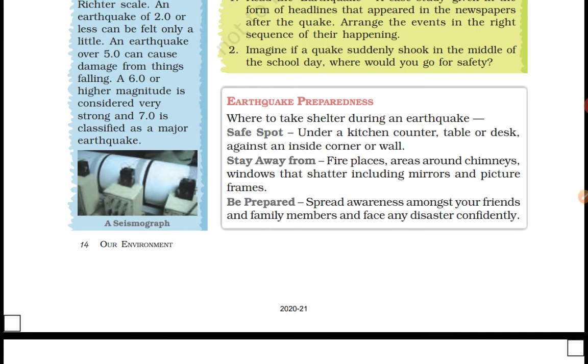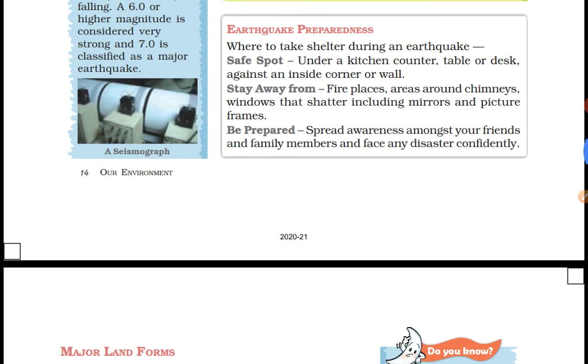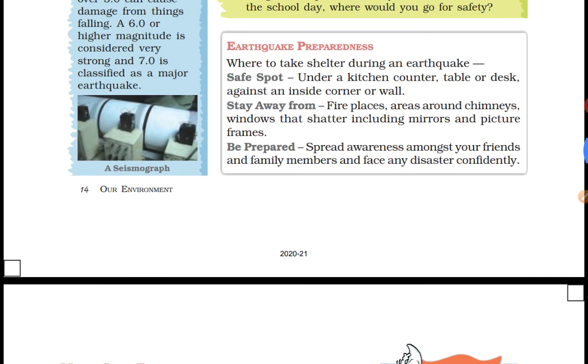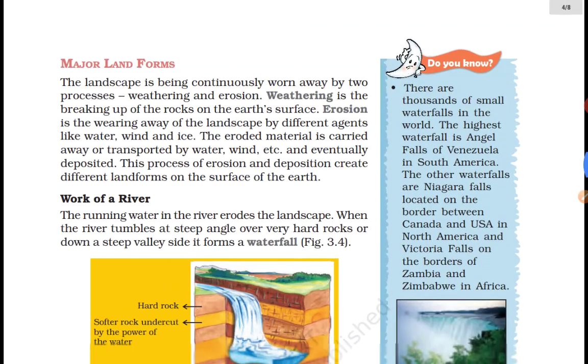After that, earthquake preparedness. We cannot prevent an earthquake, but we can check its damage or destruction. So where to take shelter during an earthquake? We discussed safe spots, stay away from, and be prepared.